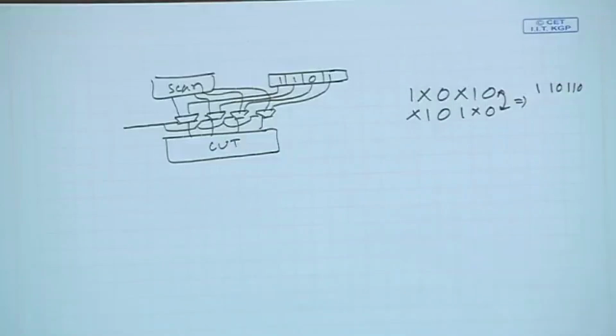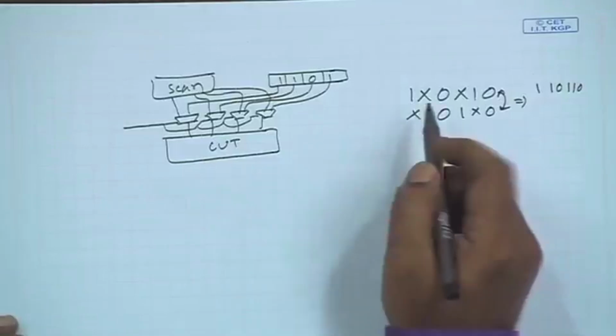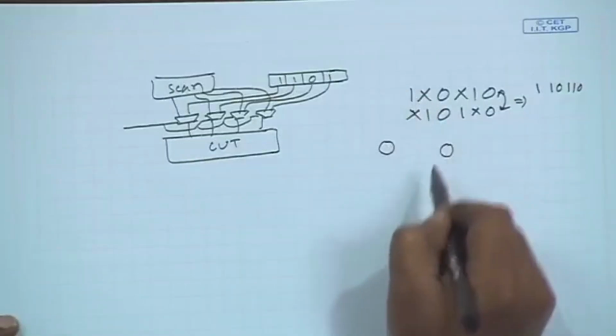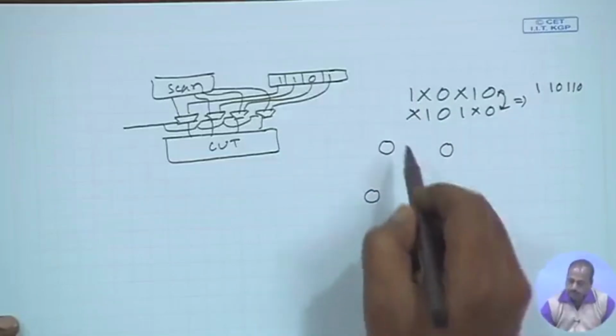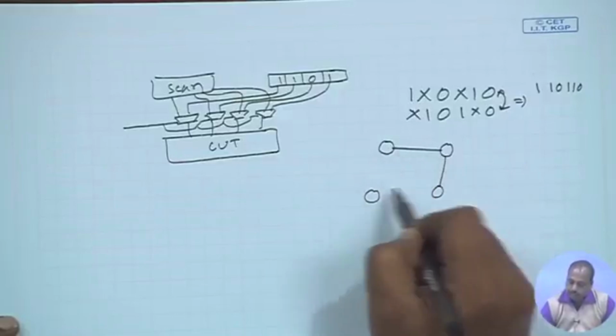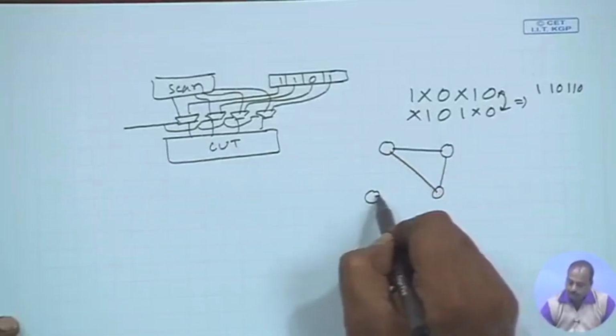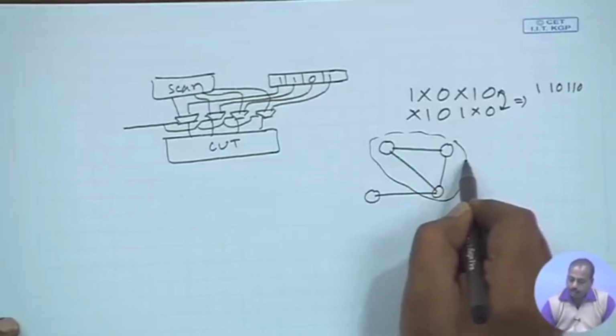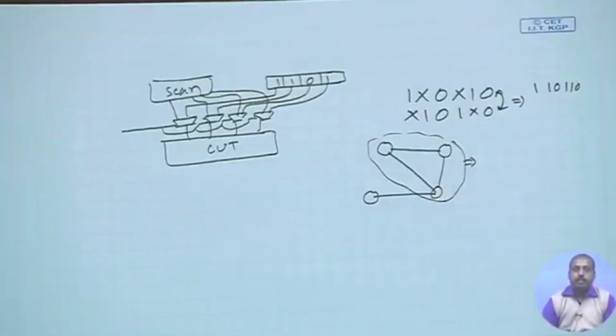We take each of the test vectors generated by the ATPG tool as a node, and if two vectors are compatible, we connect them by an edge. It may so happen that three vectors are compatible. By clique partitioning we identify this clique, and for these three of them we replace it by a single pattern. That technique we have seen.